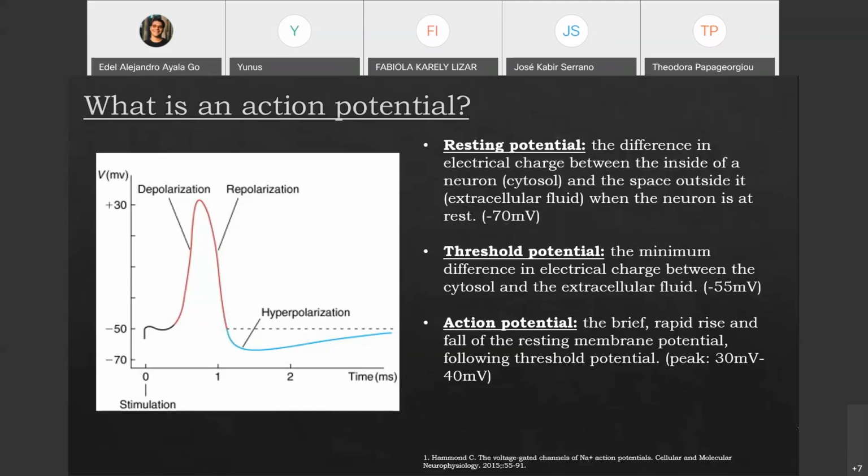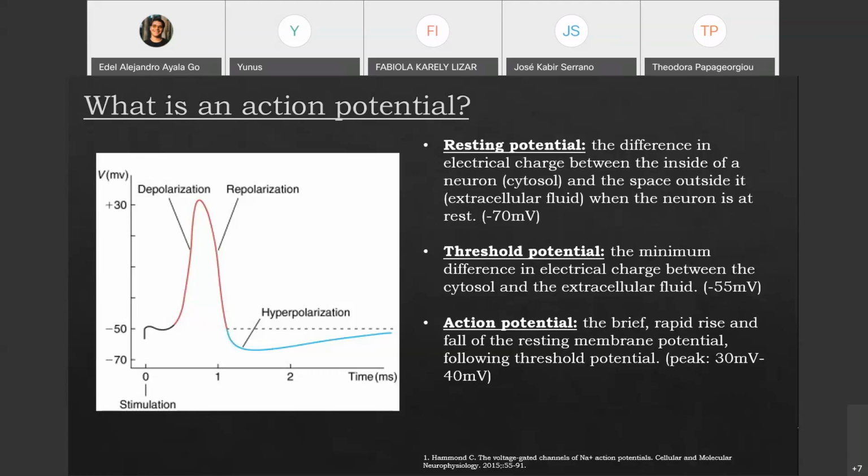Then upon stimulation, which happens when neurotransmitters bind to receptors in the cell, they trigger depolarization, and this can lead to a threshold potential, which is the minimum difference in electrical charge which can initiate an action potential.